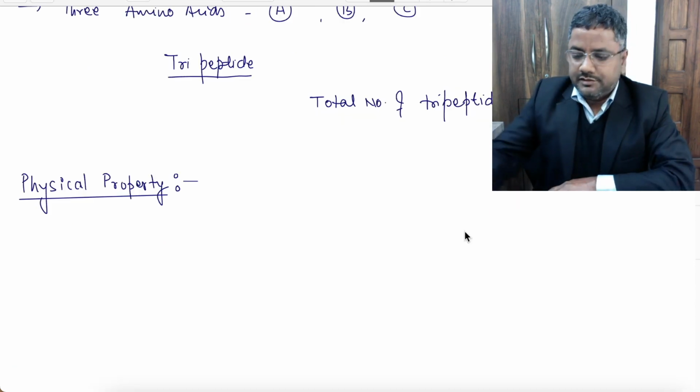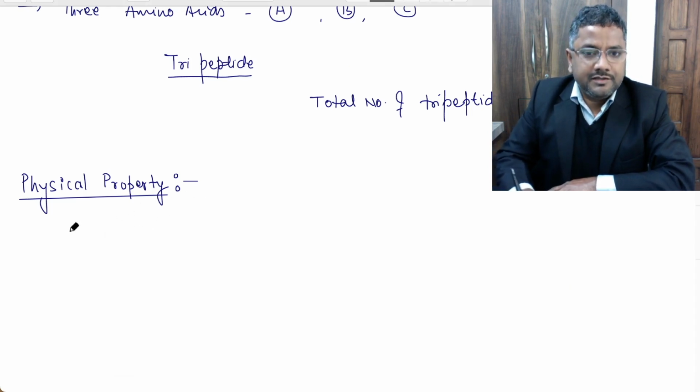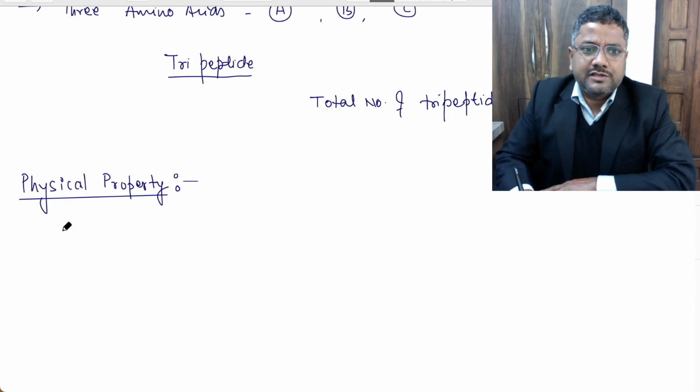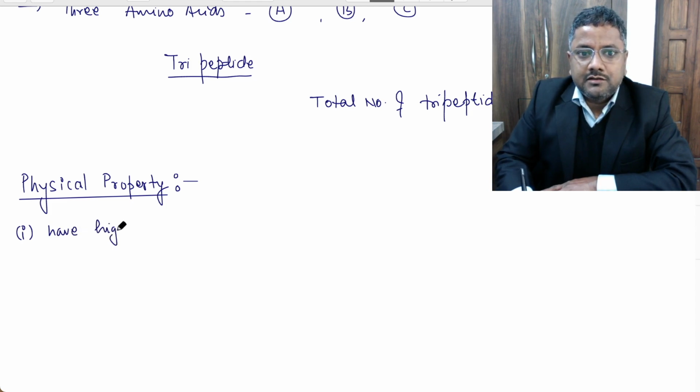See, physical properties. Polar groups are there, NH2 group is there, COOH group is there. So alpha amino acids have high dipole moment.